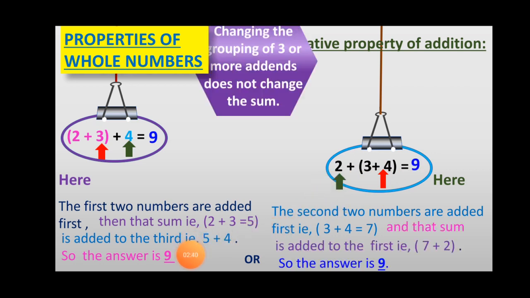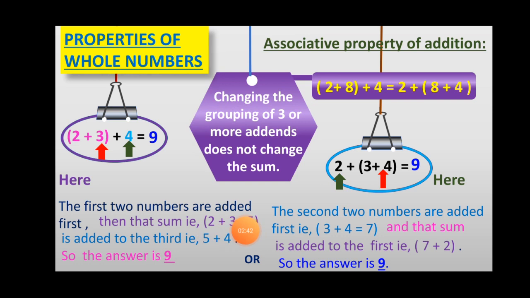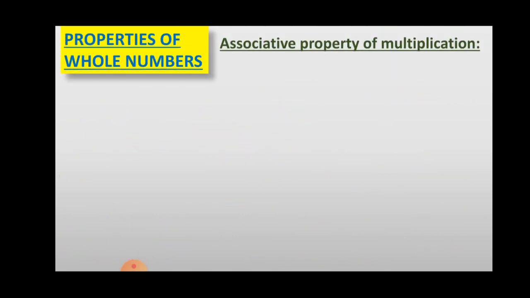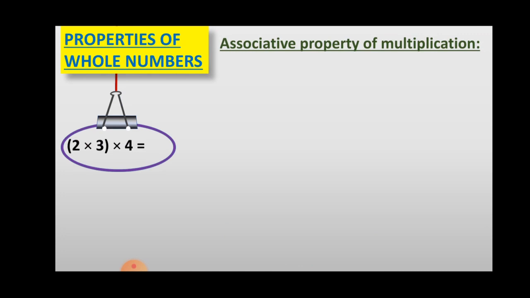By doing so, you can see the sum we have obtained is equal to 9. This means in both ways we can perform the addition and obtain the same answer. So children, this associative property of addition states that changing the grouping of three or more addends does not change the sum.